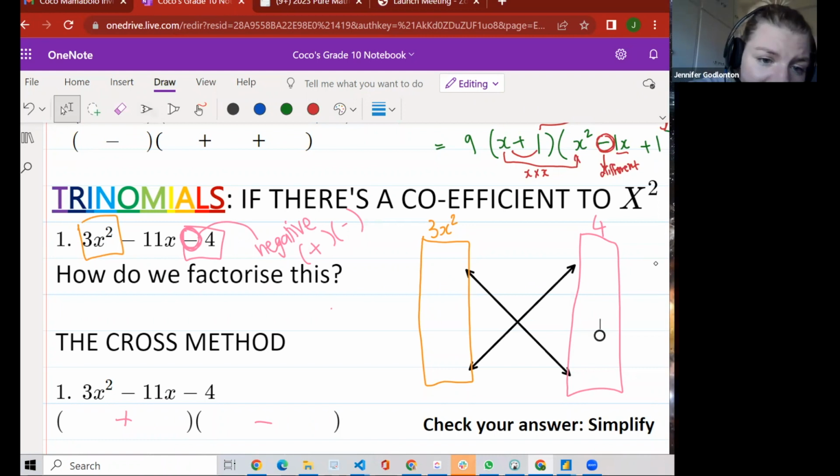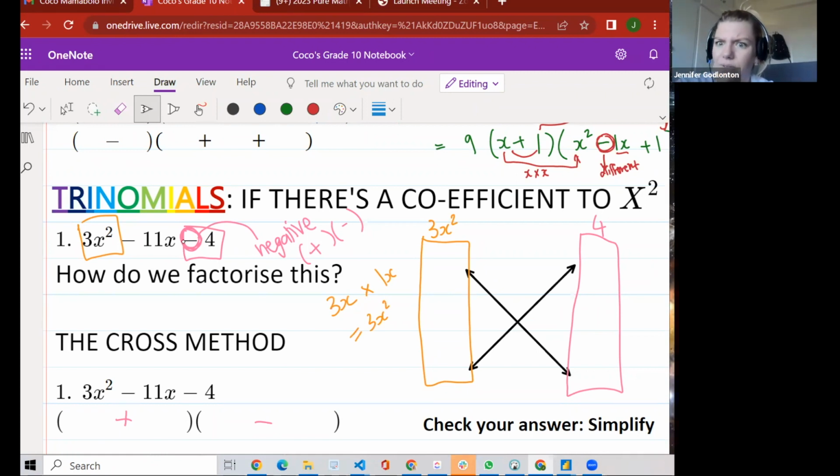Okay, great. So if I have 3x, what do I need to times by 3x in order to get 3x squared? If I times 3x by 1, then I'm going to just get 3x. Ah, Rita, yes. If I say 3x times 1x, though, I'm going to get 3x squared. And that's what I'm looking for, right?